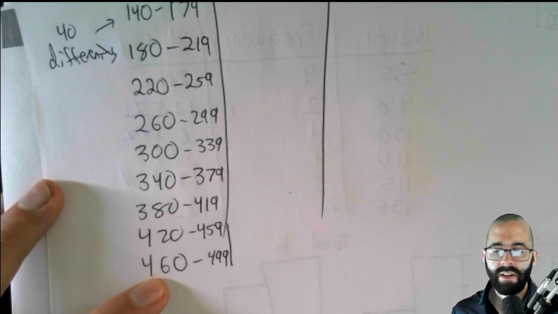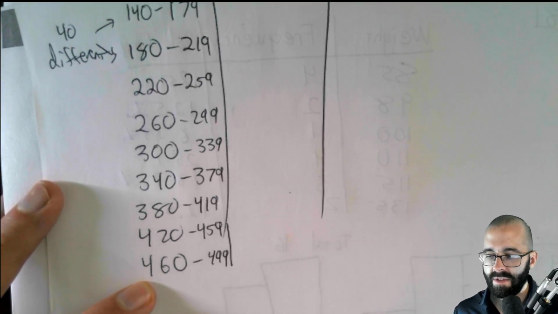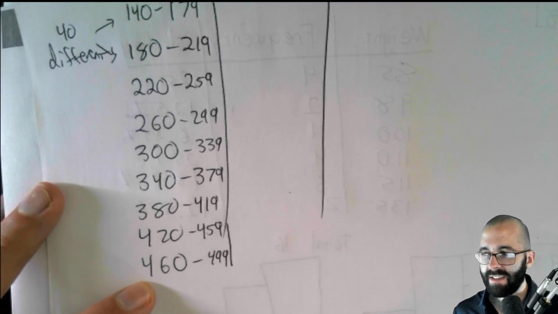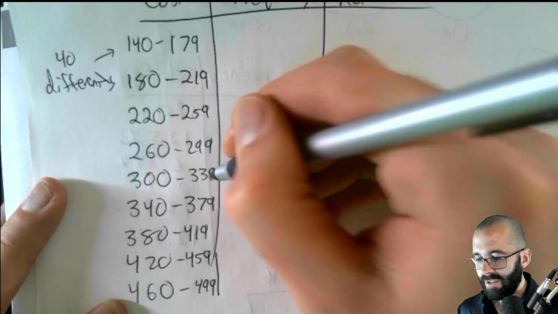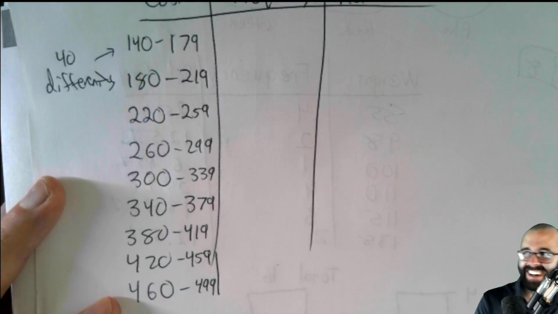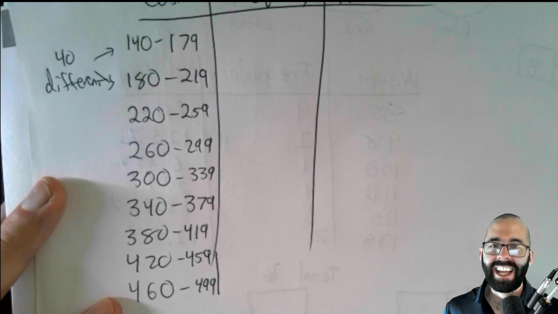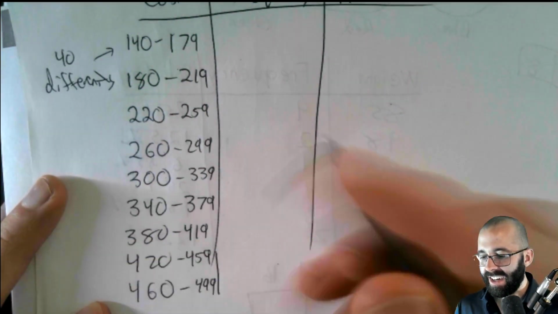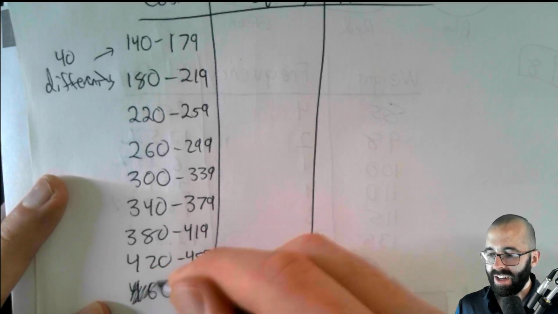And then again, we were told to have 8 class intervals. So we should make sure we have 8. Now I'm getting a little nervous. 1, 2, 3, 4, 5, 6, 7, 8. Yeah, that's what I thought. We were told that we wanted 8 class intervals. So what we're going to do is not have this last one.